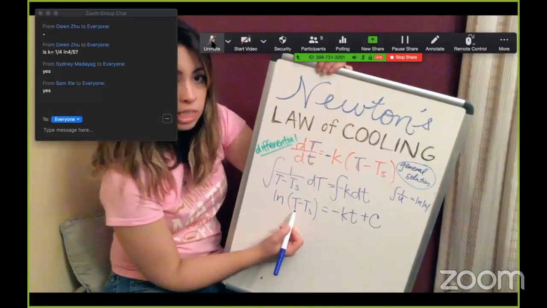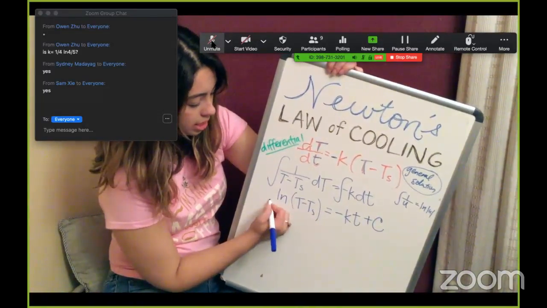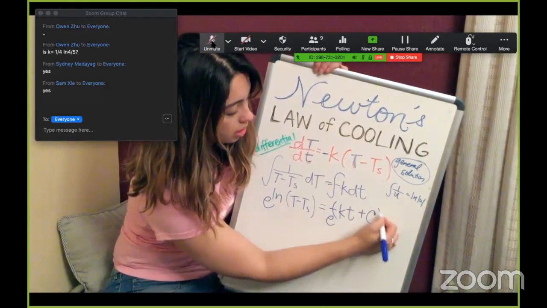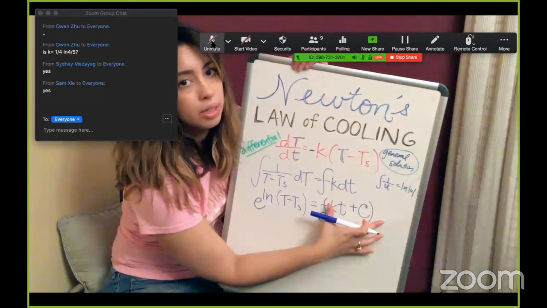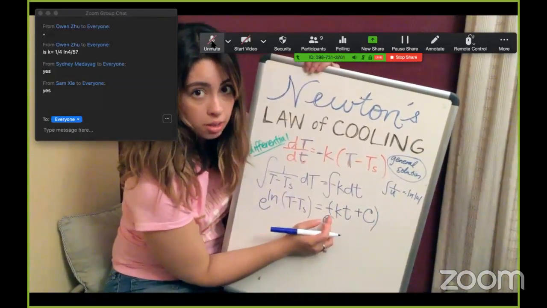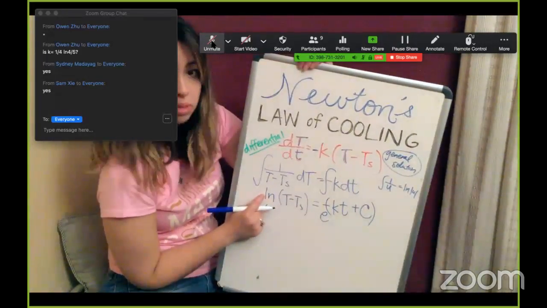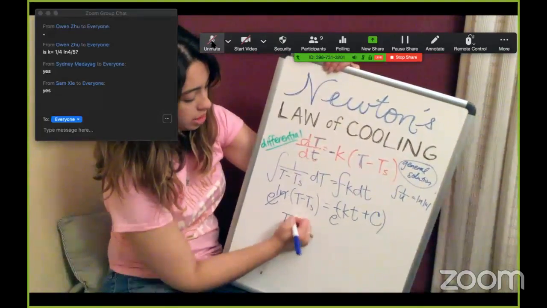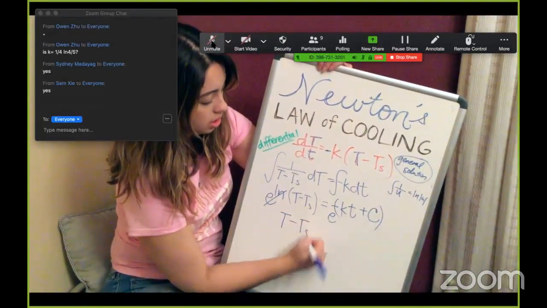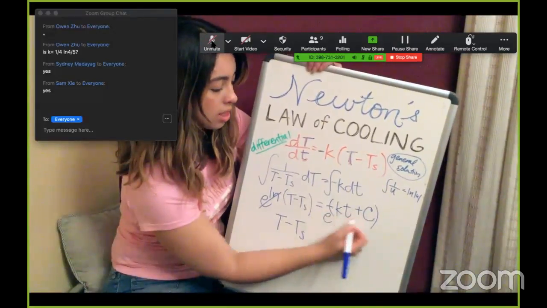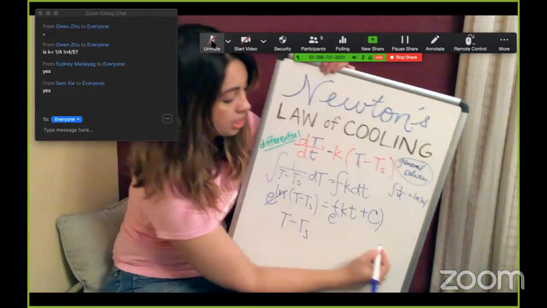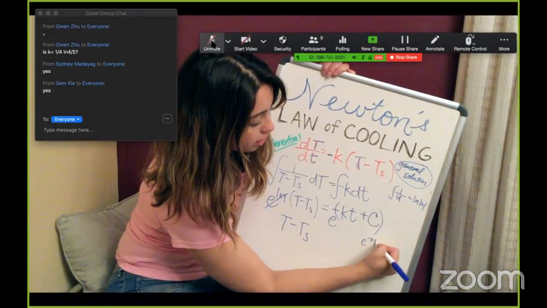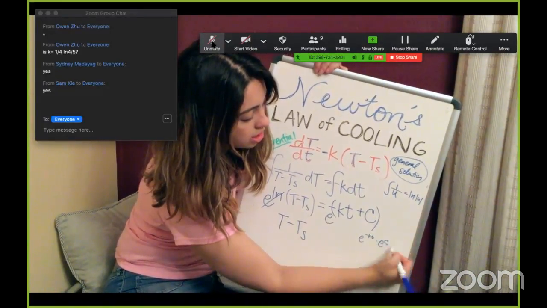And we want to solve for T, so to get rid of ln, we're going to take e to both sides. So now this whole thing becomes our exponent to e, and e is our base. And same thing here, except e now cancels ln, so we're left with T minus T sub s. On this side, e to the negative kt plus c is the same thing as e to the negative kt times e to the c.